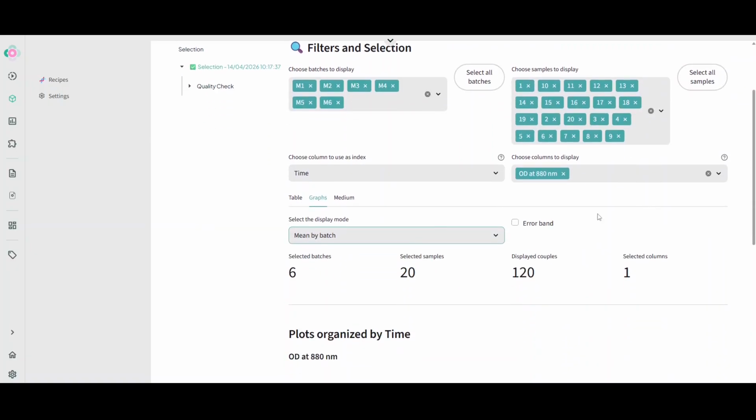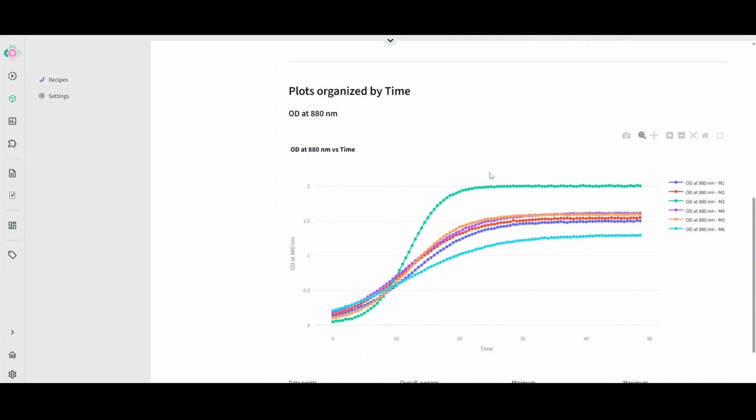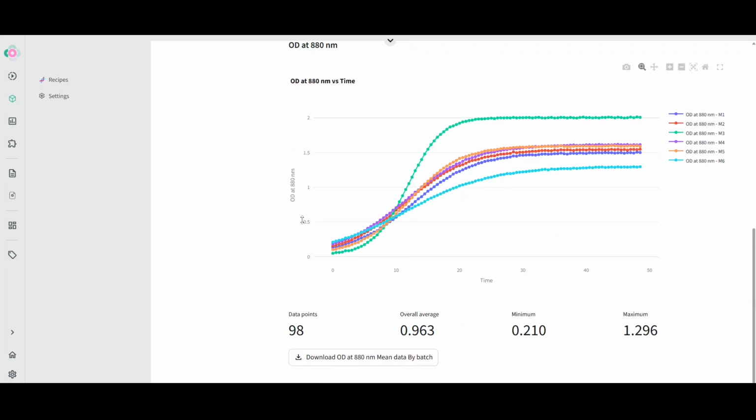Here we plot the mean value for each batch of OD over time, colored by batch and therefore by medium here. Immediately you can see a separation. The M3 curves reach the highest plateau around 2 and rise steeply. M6 curves are at the bottom, barely reaching 1.3 grams per liter, and have a noticeably slower rise.